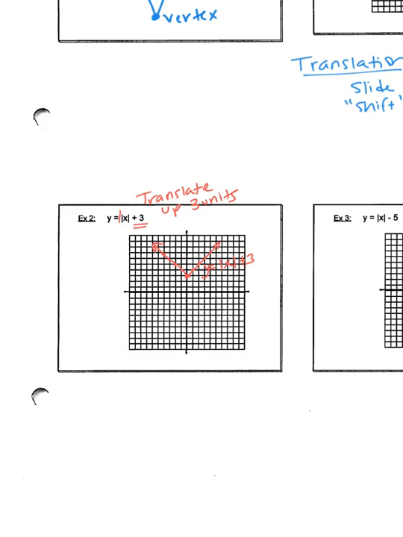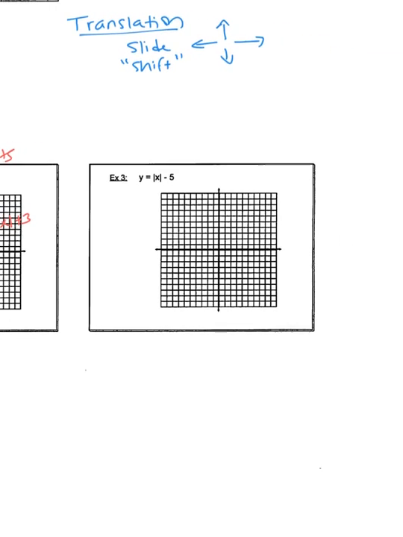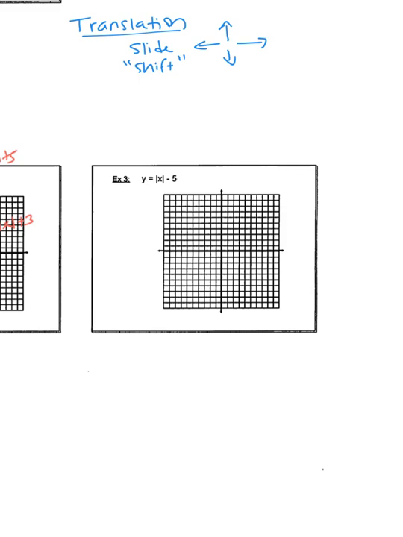Okay, so similarly, in the next example, if it's subtracting 5, this is telling you to shift or translate down 5 units, since it's minus. So you're going to take the vertex, which for the parent function is at the origin, but you're going to count down 5: 1, 2, 3, 4, 5 to there.